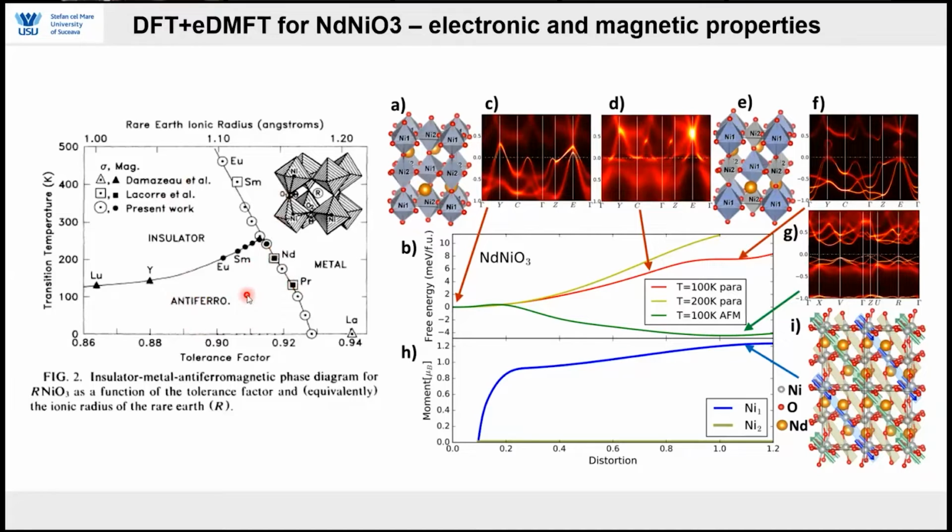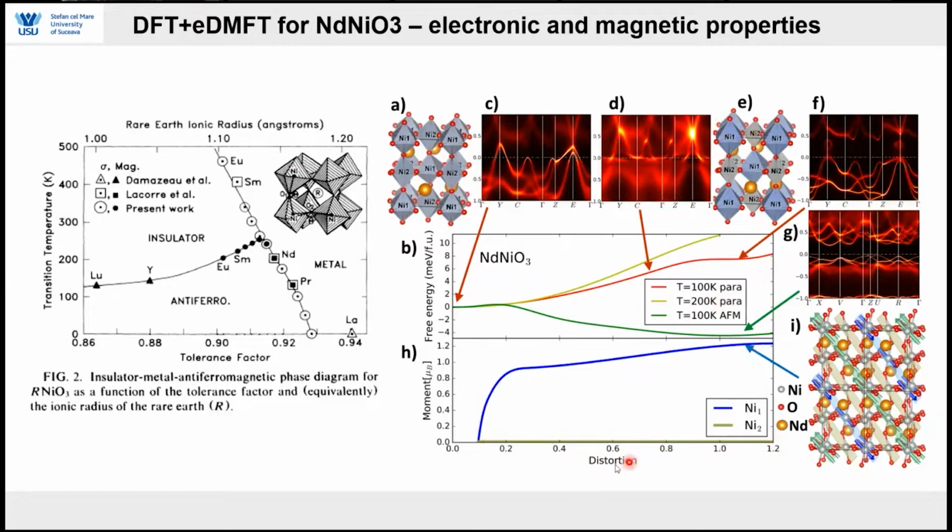But one outcome of trying to do this calculation was the fact that once we compute the magnetic moment going from the metallic state to the insulating state, we realize that one side, which is expanded, the nickel one, has a magnetic moment, is the blue curve, and the side which is contracted has zero magnetic moment.